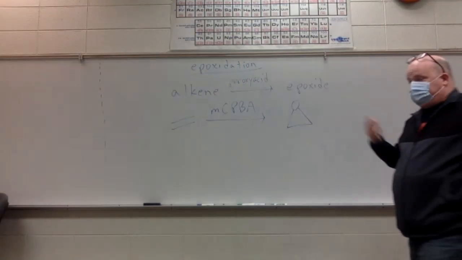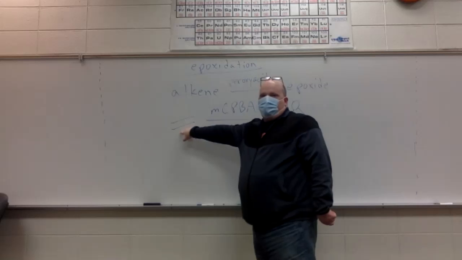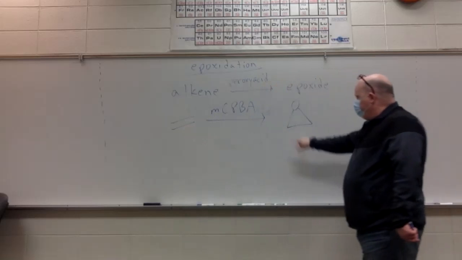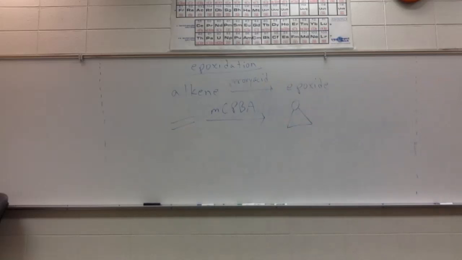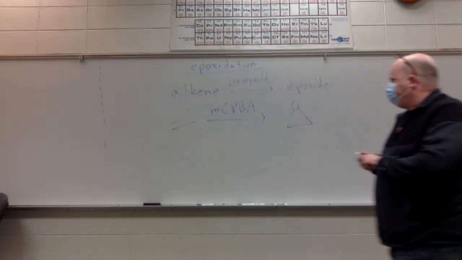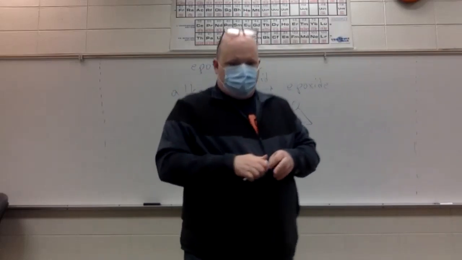So it's pretty easy, I think, to remember that whenever you have a 2-carbon unit in an alkene, that 2-carbon unit will be converted to an epoxide every single time. You're more than welcome to look at the mechanism, though. We're just not going to go. Okay? All right. Let's look at another one here.